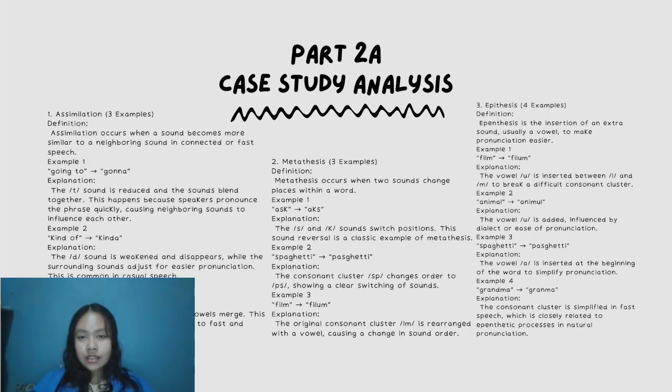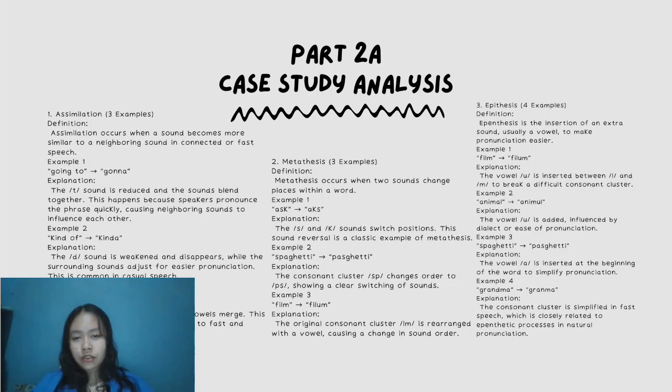Epenthesis is the insertion of an extra sound, usually a vowel, to make pronunciation easier. For example, film becomes filum, and animal becomes an extra-vowel version of animal, where an extra vowel is added. Spaghetti becomes espaghetti with a vowel inserted at the beginning of the word.